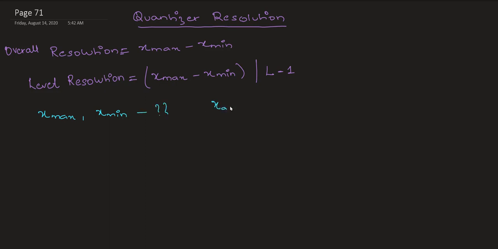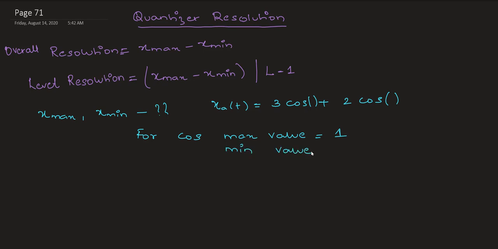Here the trick is, we don't know what x max and x min are. x max is my maximum amplitude and x min is my minimum amplitude, both of which are not given in the question, at least not directly. So how do we find the maximum value and the minimum value for our signal? We know that for a cosine, the maximum is +1 and the minimum value is -1. So my xa of t is equal to 3 into 1 plus 2 into 1, because the maximum of cos is +1.